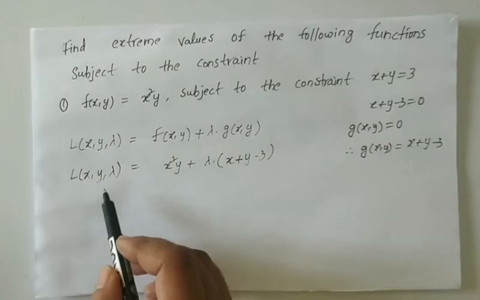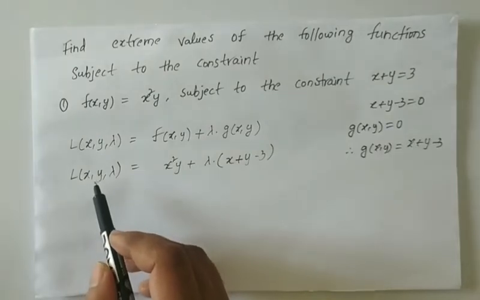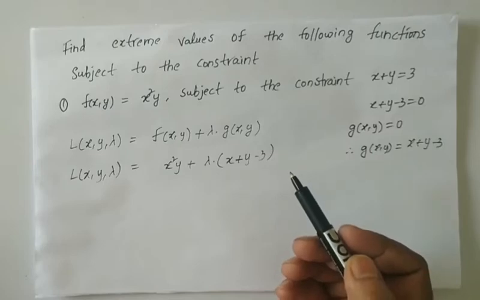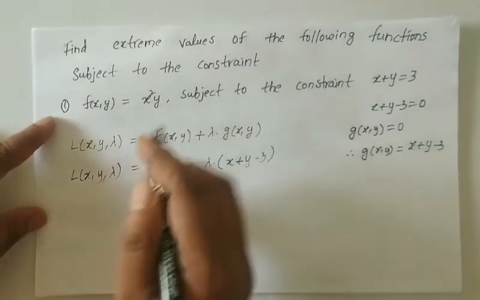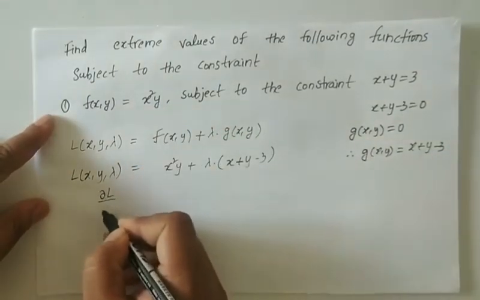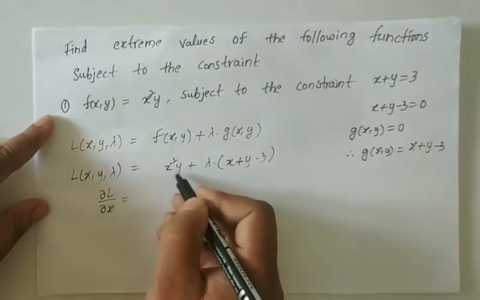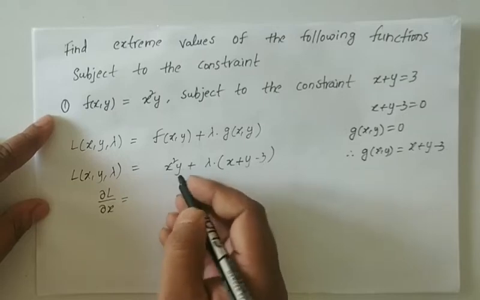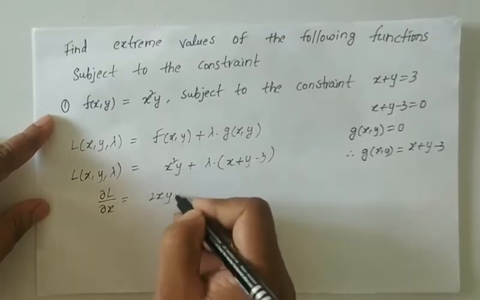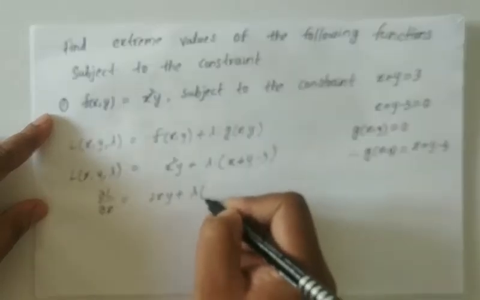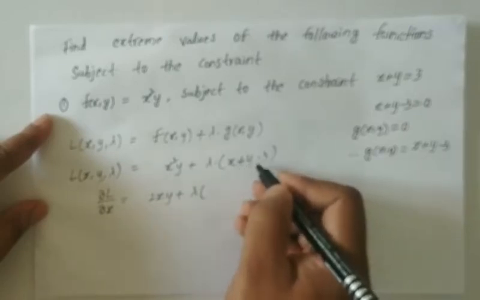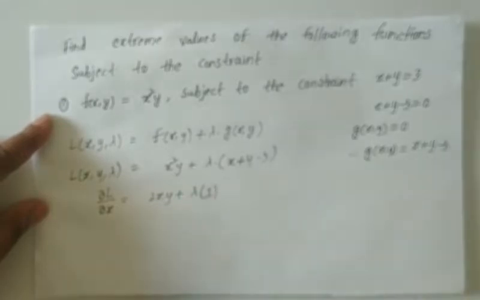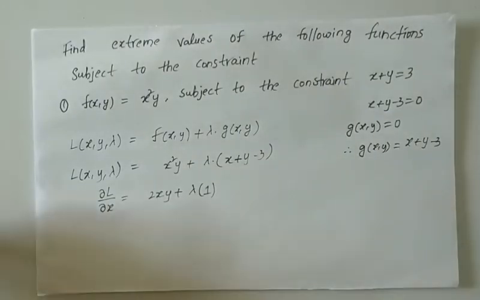Next, we have to take the partial derivative of L with respect to x, with respect to y and with respect to lambda also. ∂L/∂x is the partial derivative of x square y with respect to x, which is 2xy, plus lambda into the partial derivative of x plus y minus 3 with respect to x, which is 1.